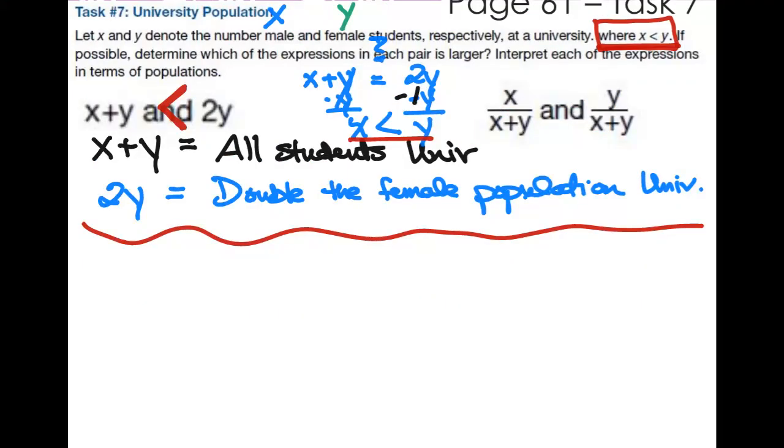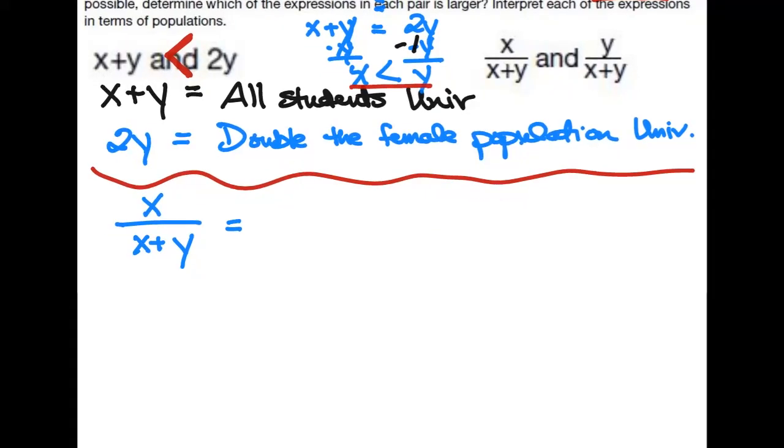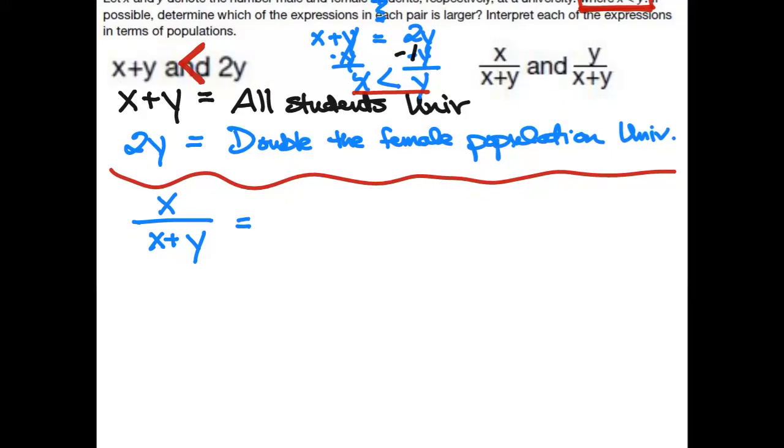All right, let's take a look at the second one. I have X divided by X plus Y, and what might that represent? Males divided by what? Okay, so I'm going to say it's a fraction of the males out of the whole population, right?